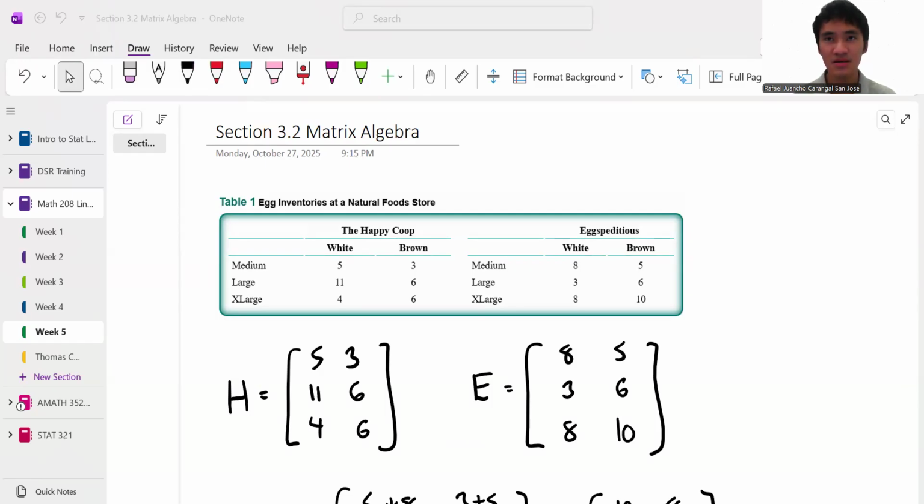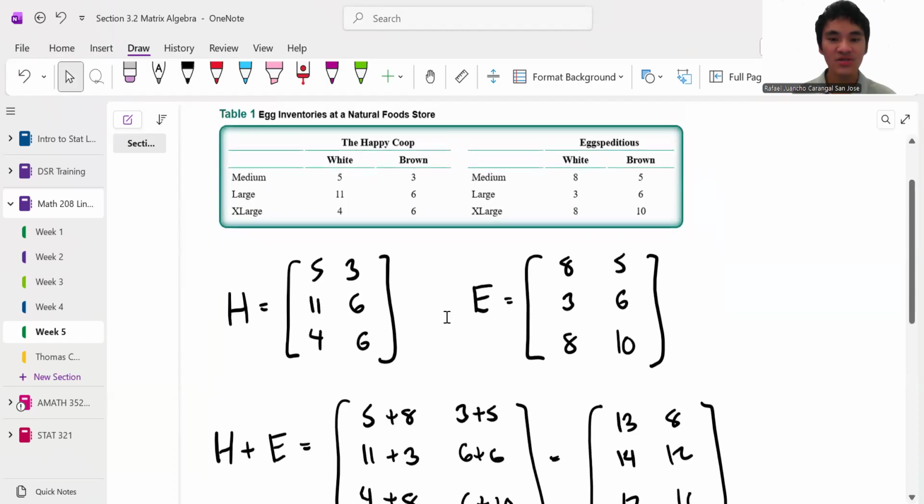Each of these suppliers provides two types of eggs, white and brown, in medium, large, and extra large sizes. The store's current inventory of 12 egg cartons is given in Table 1, which is this one.